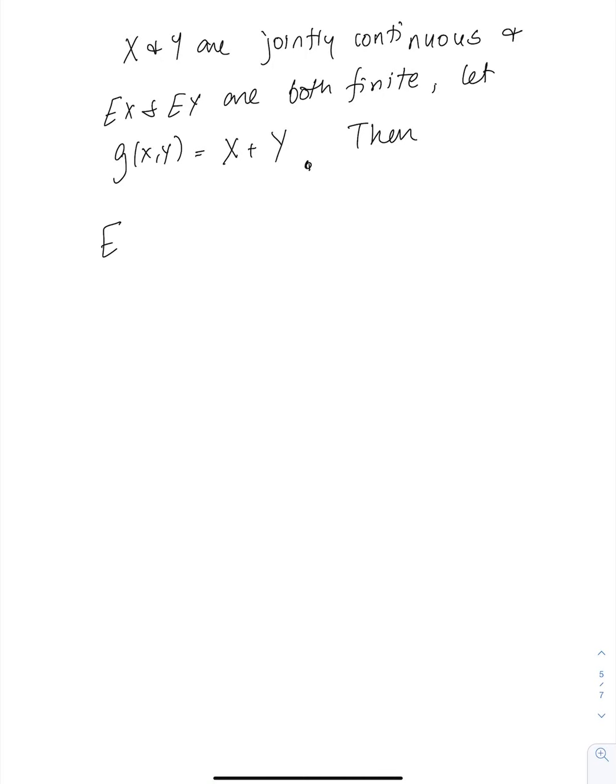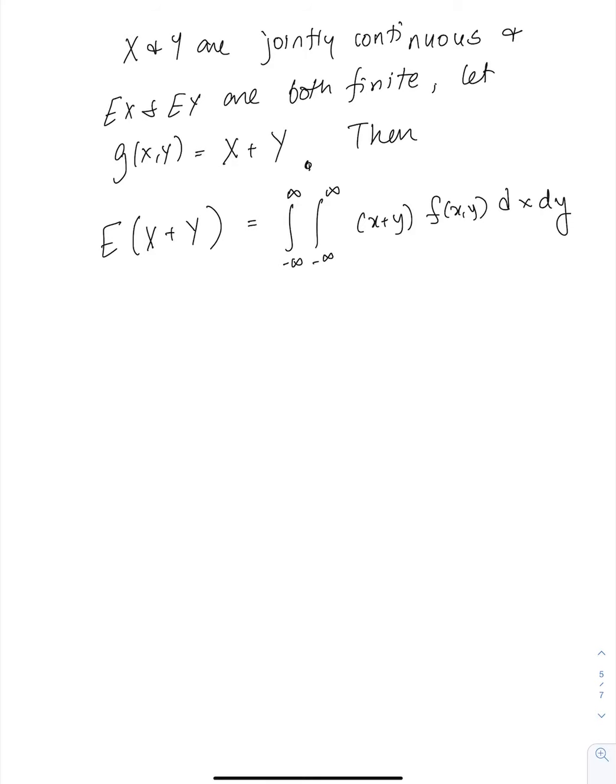All right? Okay, then what do you have? Then let's look at what is the expected value of x plus y. Well, we're just using x plus y as your g of x, y. So just applying the formula, you have your integral over R2, or if you want, write down negative infinity to infinity, negative infinity to infinity of the function g of x, y, x plus y, times the joint density f of x, y, dy dx or dx dy.